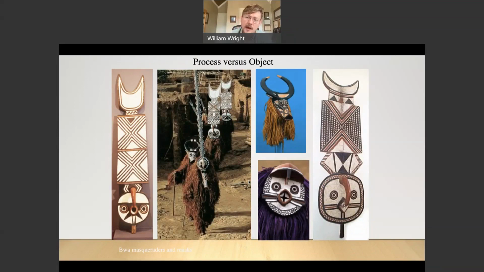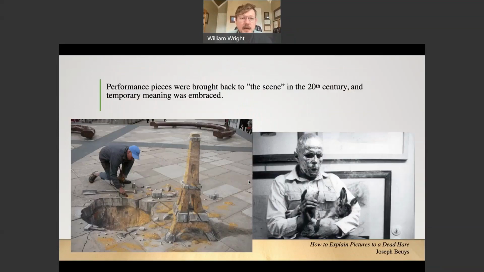We start to think about, in the 20th century, how fashion, well, fashion's always been a thing, but even more so ritual fashion, like costumes and masquerades, are being related to activities. They're art objects that relate to spiritual or ritual activities. Pretty interesting idea. Process versus object, or both happening at the same time.